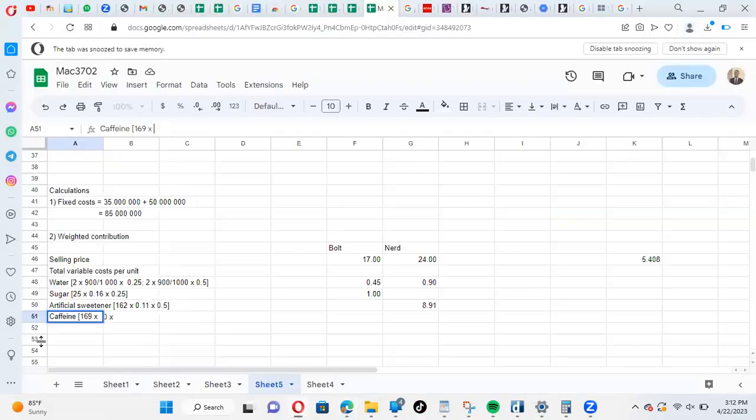So basically 169, we require 80, and this is per every 100 grams, and then times 250 divided by 250 on the first one, because this is per 250. Bolt is 250. Is it clear, my logic?